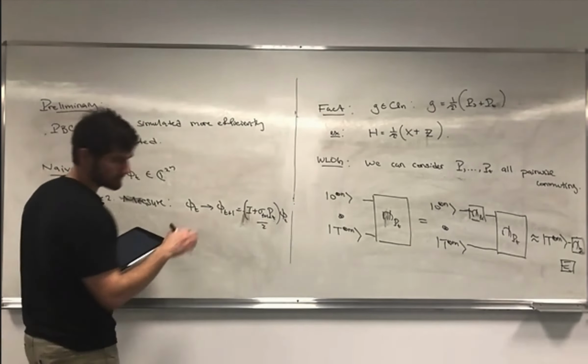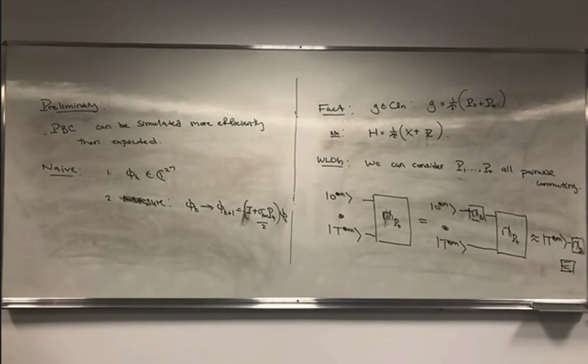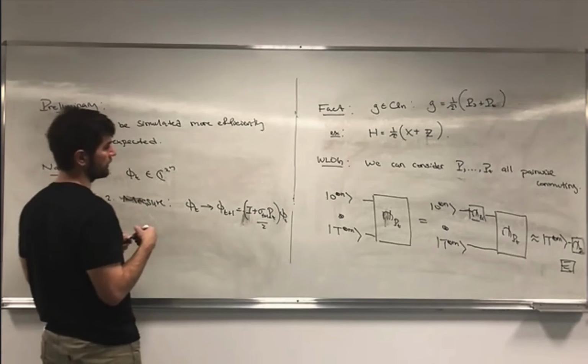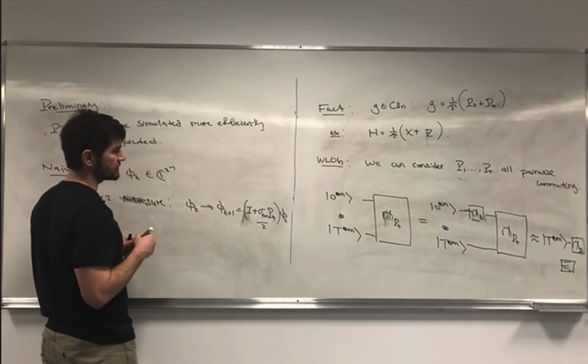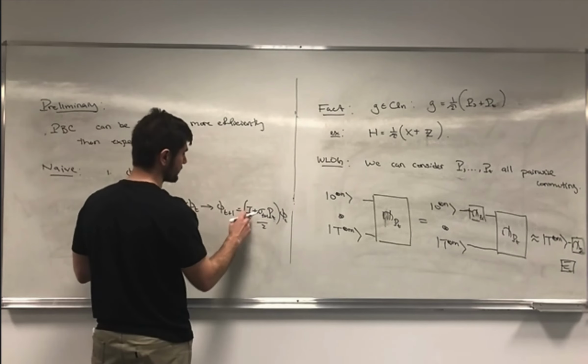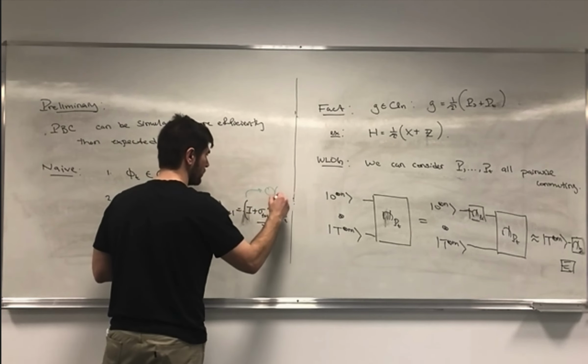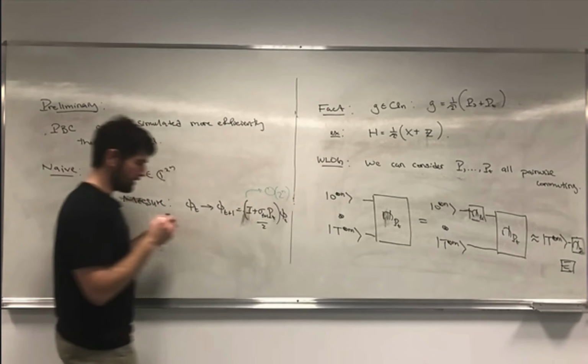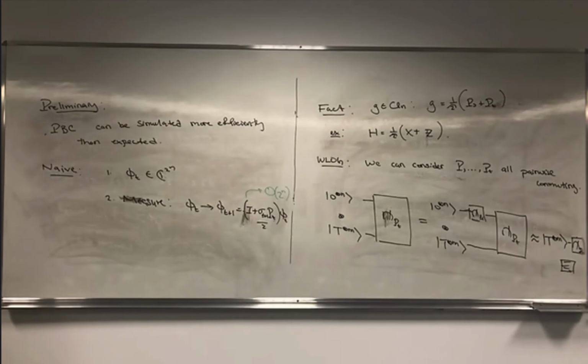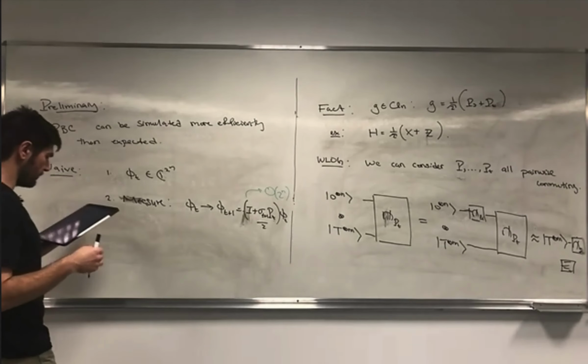And this operation here, because you're dealing with matrix multiplications, and when you apply Paulis, this is up to phase factors. These are permutations. So this is order of 2 to the n operations that you need for this one.